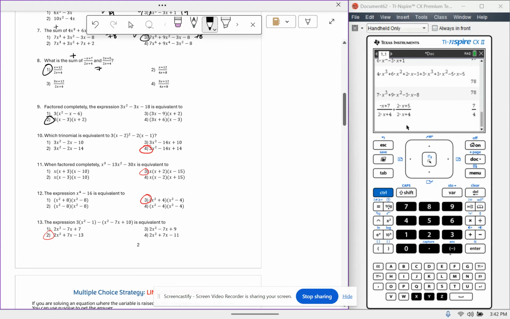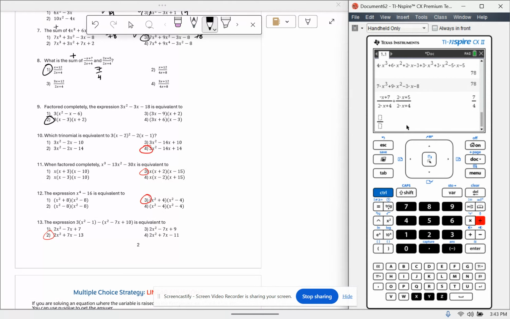Seven over 4 is the value we are trying to match. So let's test answer choice 1. Yay, we're right.